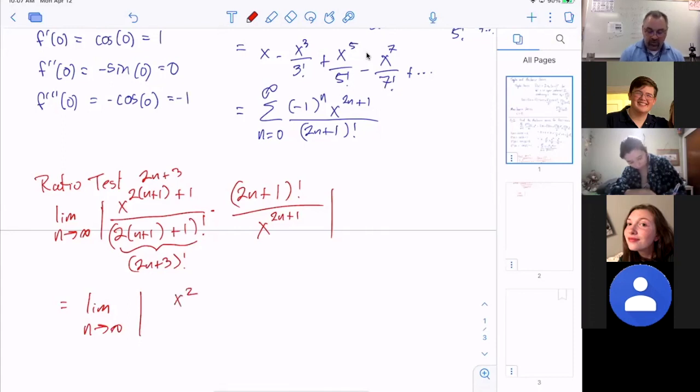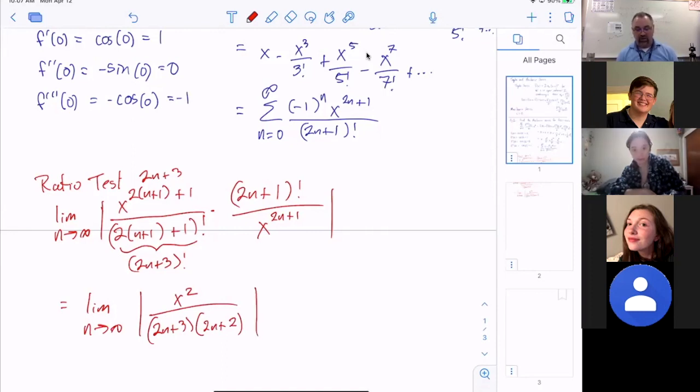We're just going to get x squared over 2n plus 3 times 2n plus 2, and then the 2n plus 1 factorial on down would cancel out. And notice that that's going to be 0. No matter what choice I have for x, that's going to be 0, which is clearly less than 1, which means we have convergence for all x. We have an infinitely large radius of convergence. Okay, so nice, good function, good power series.